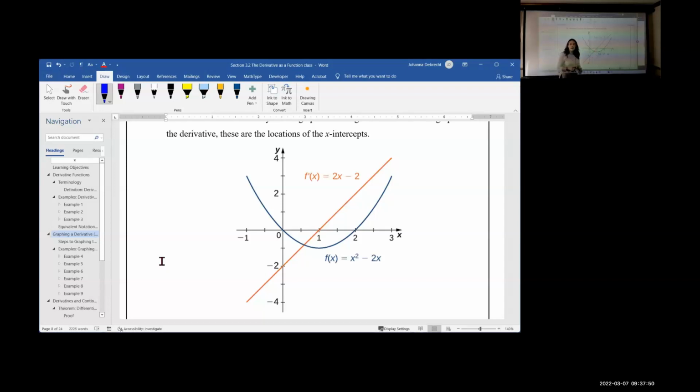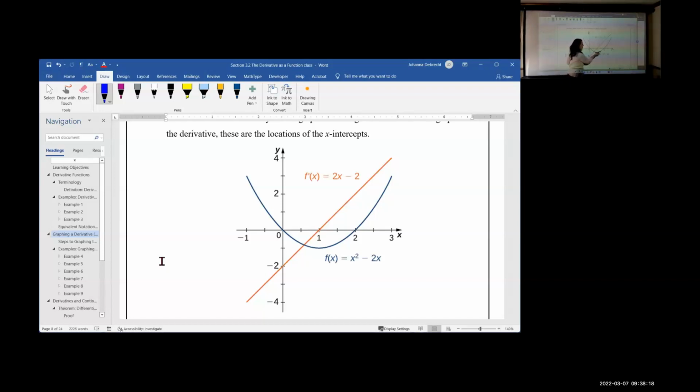Wherever you have a minimum or a maximum on the graph of the original function, you have an x-intercept in the derivative. This is something else you need to write down. When you have a maximum or a minimum in the original function, that corresponds to an x-intercept on the derivative, because the slope of the tangent line goes to 0 at that point.